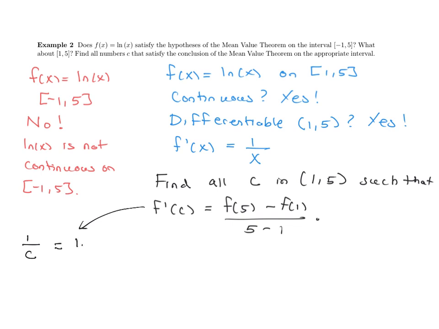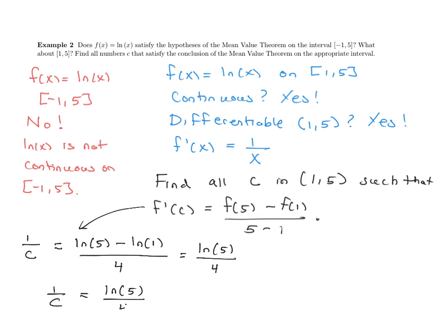Okay, f of 5 is the natural log of 5. f of 1 is the natural log of 1. And we're dividing this by 5 minus 1, which is 4. The natural log of 1 is 0, meaning this whole thing just equals the natural log of 5 over 4. That's what we're looking for. All numbers c that satisfy this equation.